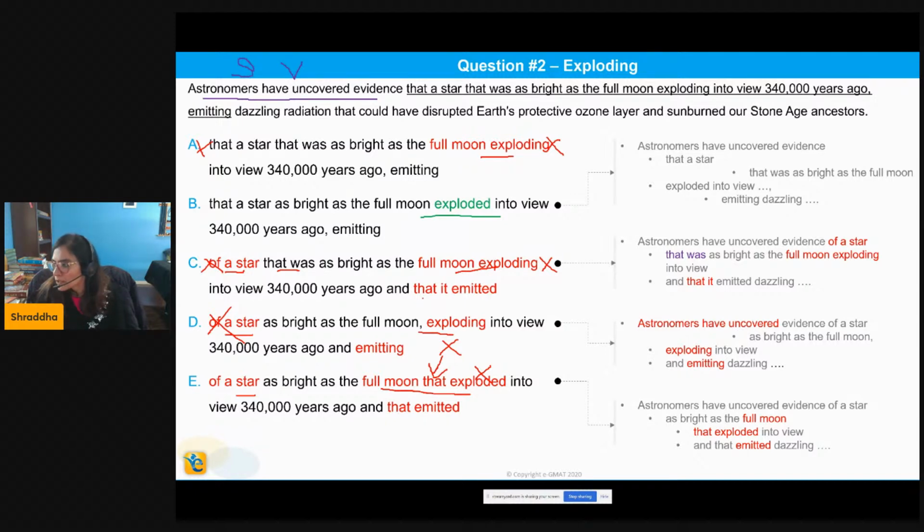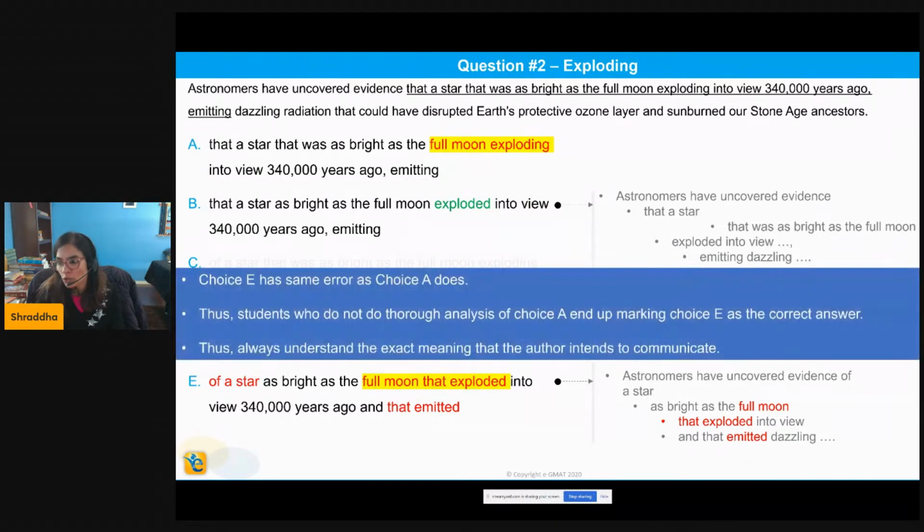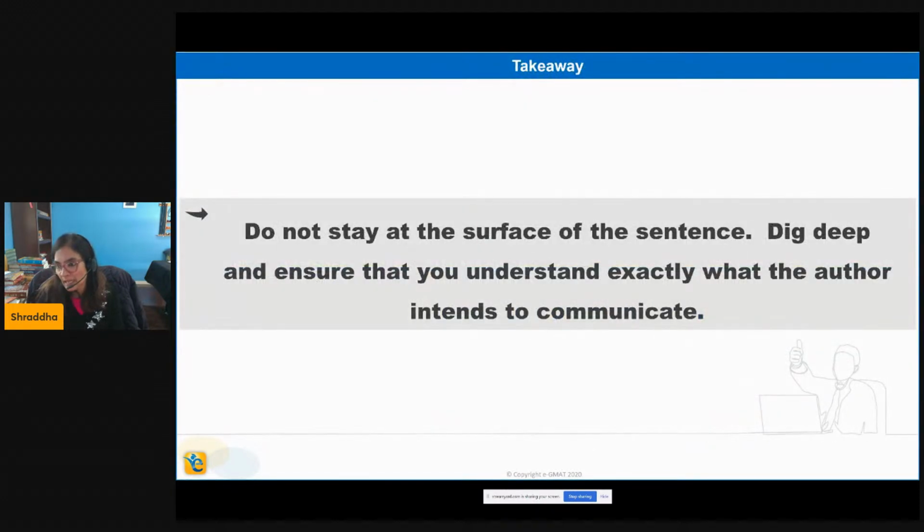Okay. So, next, we understood all of this, what's happening in choice A and what's happening in choice E. I told you they are presenting exactly the same meaning, but through different structures. So, this is what we need to pay attention to, the structure. And first, we understand the meaning, and then we look into the grammar, whether we are using the correct grammar to present the same meaning.